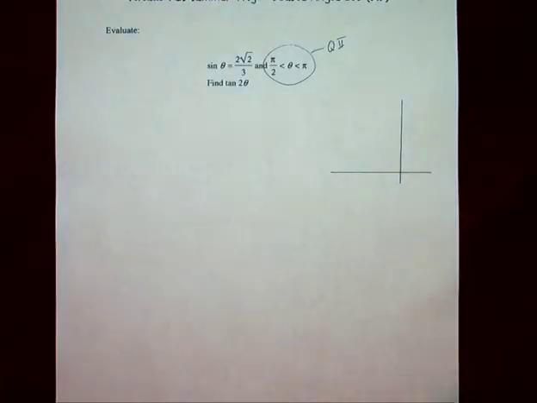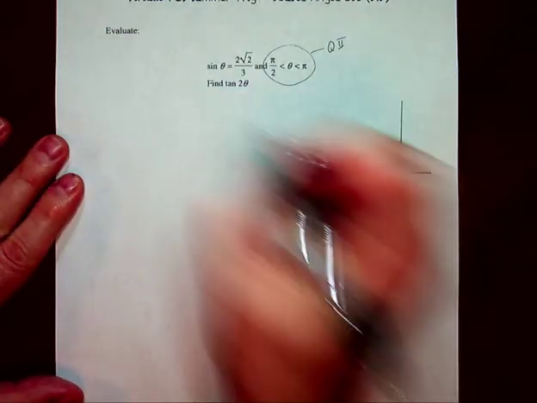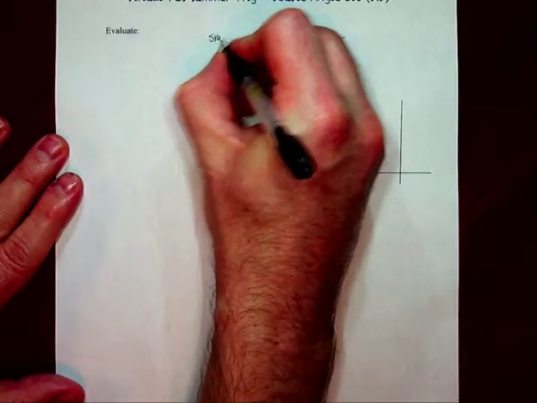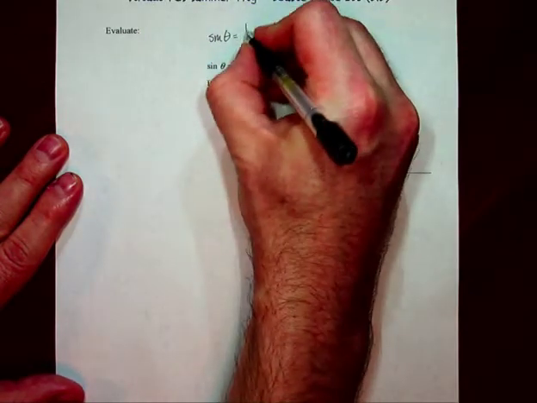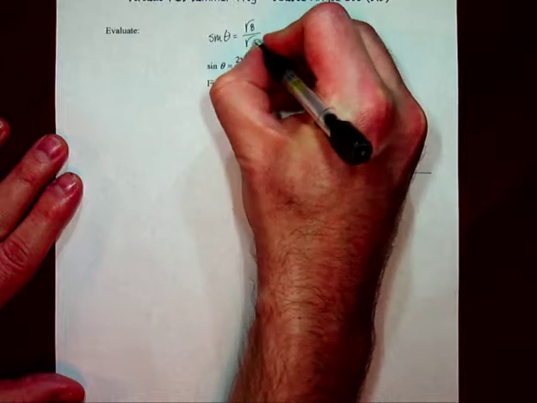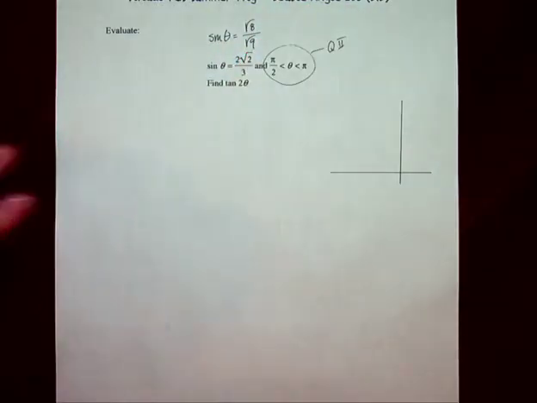Now, sine theta, if you unsimplify it, is root 8 over root 9. Now, if root 8 is the opposite side and root 9 is the hypotenuse, those are really close.